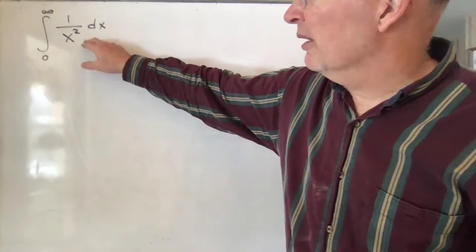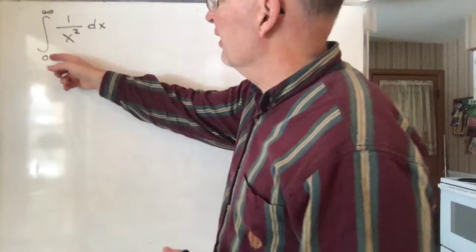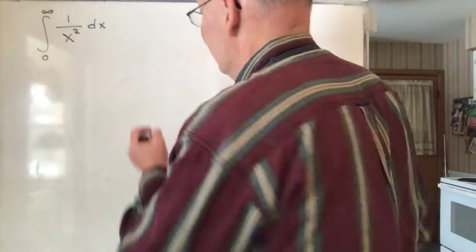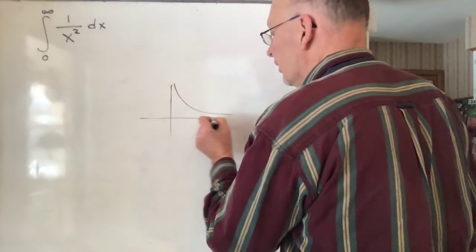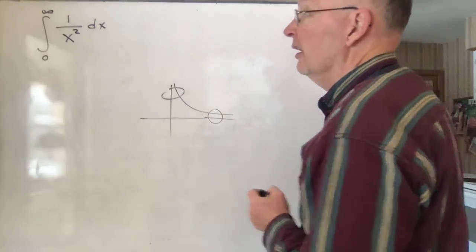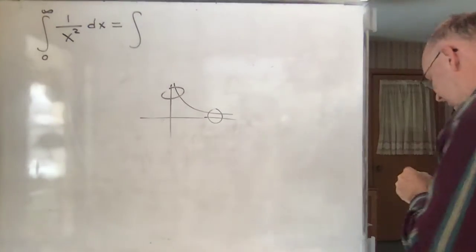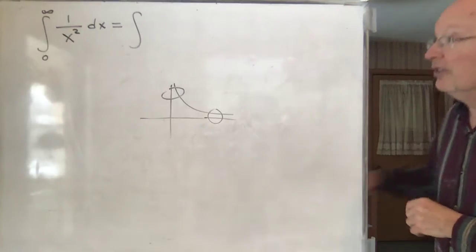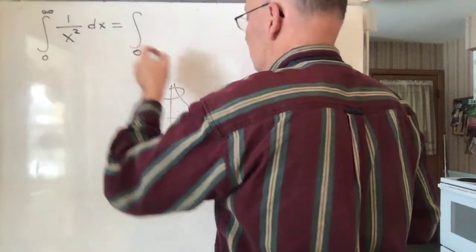Here's what I wanted to say next, and that is that if you do have something like this, then notice that there are two possible places where it could blow up. It could either blow up here or it could blow up there as you go off to infinity. So the way to do something like this is to break it up into two intervals, go from 0 to whatever you want.